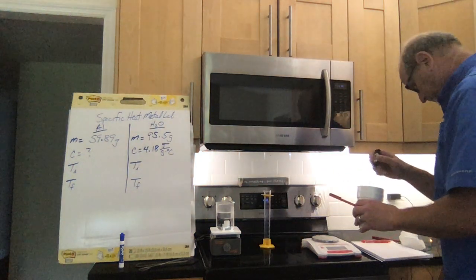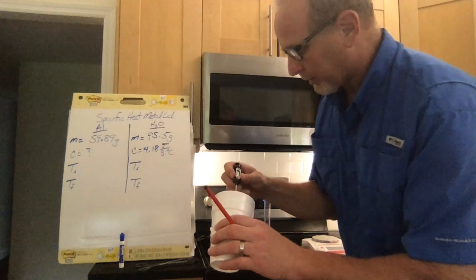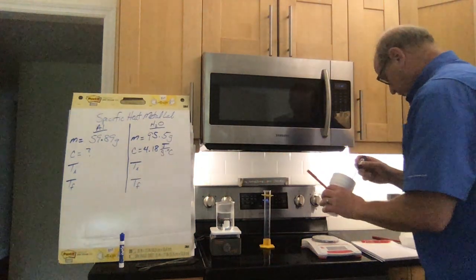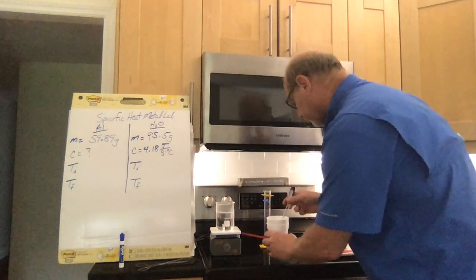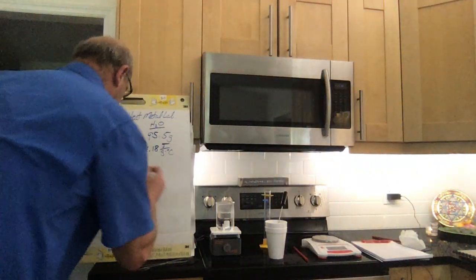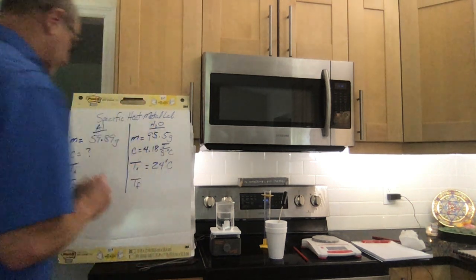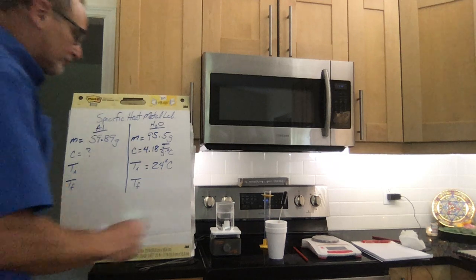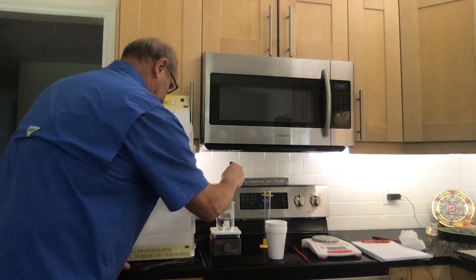The initial room temperature of my water is 24 degrees Celsius, pretty close to room temperature. I'm going to let that just sit right there. And TI of water is going to be 24 degrees Celsius. And now let's see what our temperature is. I mean, this puppy's about boiling, right?